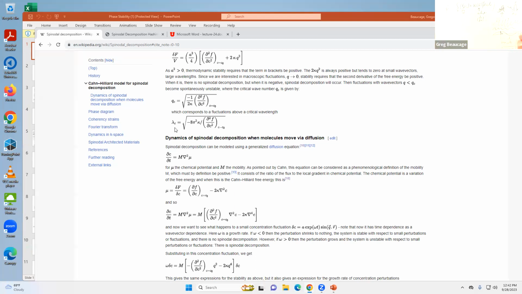So if you're going to have a sine wave, the way to talk about its position in space is to say the wave vector dotted with this r vector. So you do r dot q, sine of that, and then a is an amplitude. Just something like that for the sine wave.